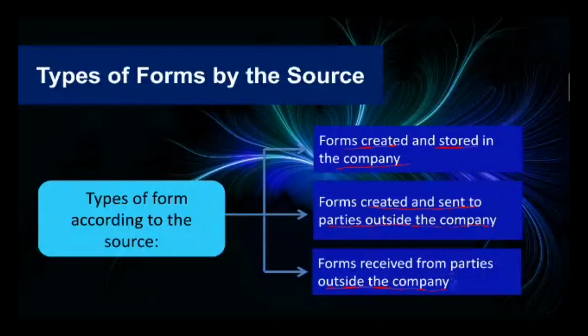The example is when the supplier sends your purchase, there is a form indicating what kind of merchandise you buy, and how many, something like that. Okay, this is form received from other parties. Other parties means outside the company. It is also from the customer or from the supplier.